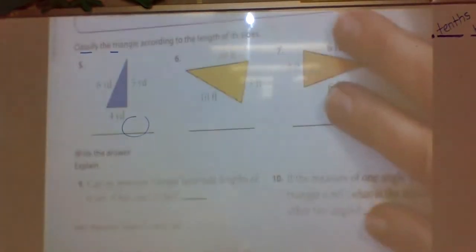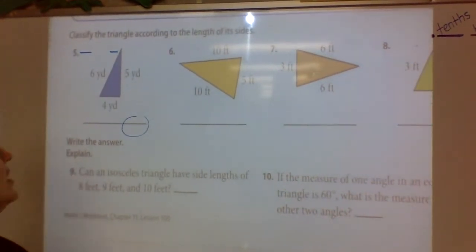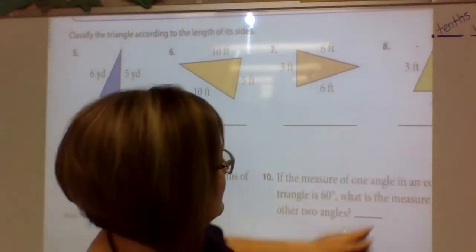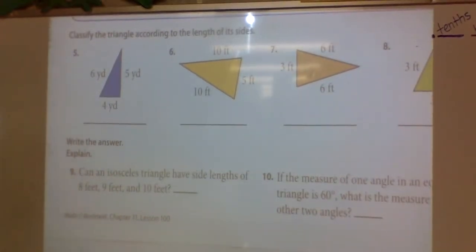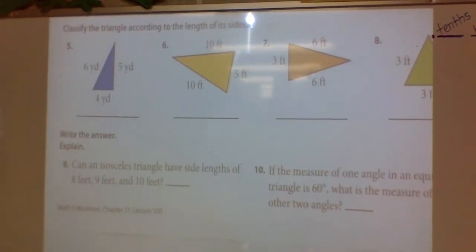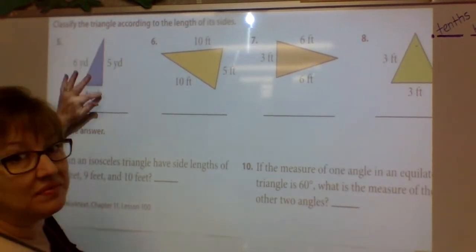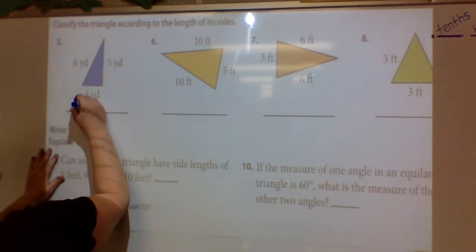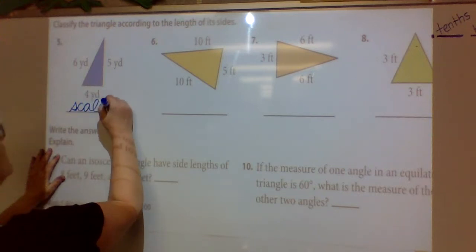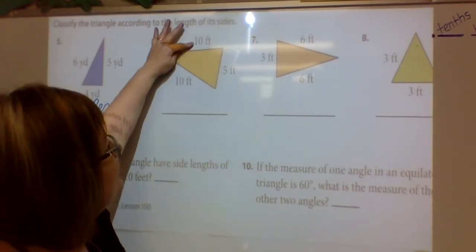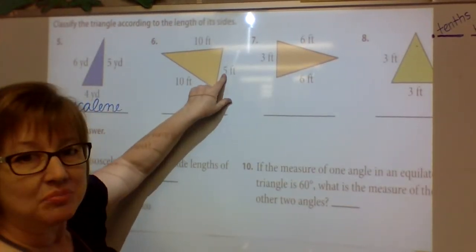So we're going to classify the triangles. I'll do them all with you. Okay, so this one, are any of those the same? Nope. So that is scalene. Okay, this one has two that are the same, but not the other one.